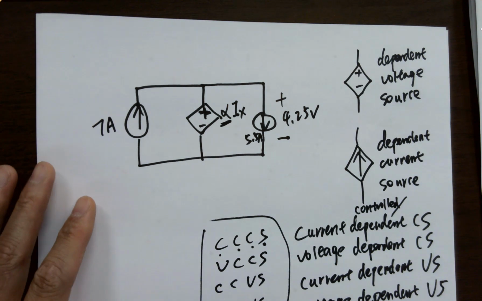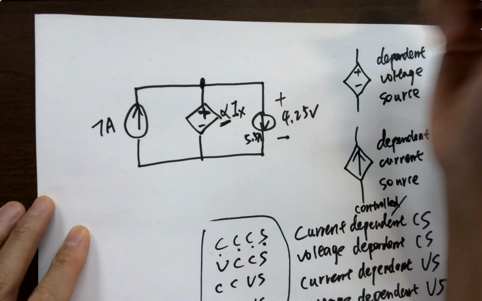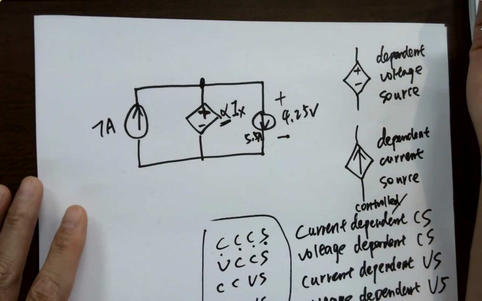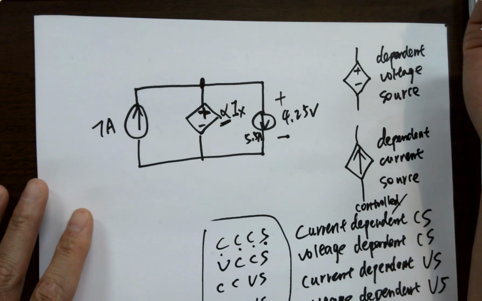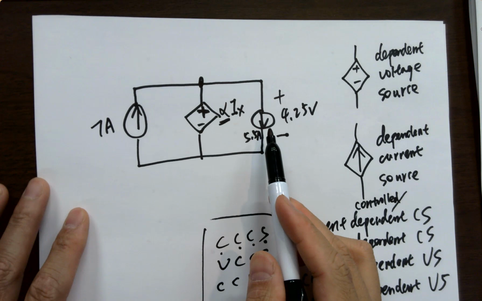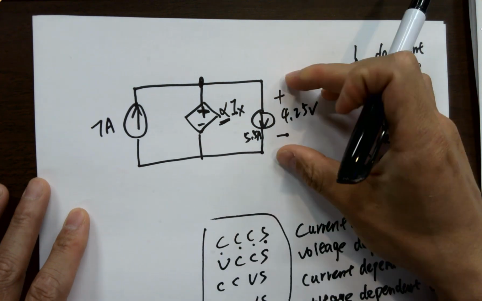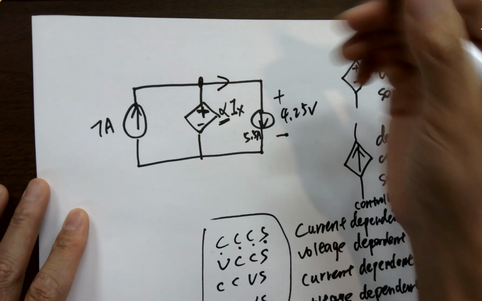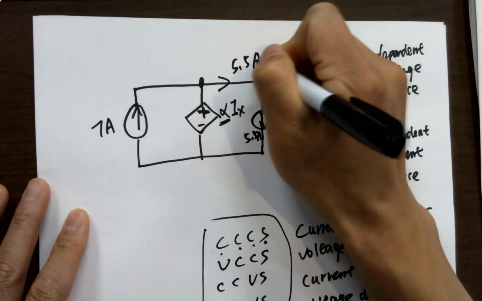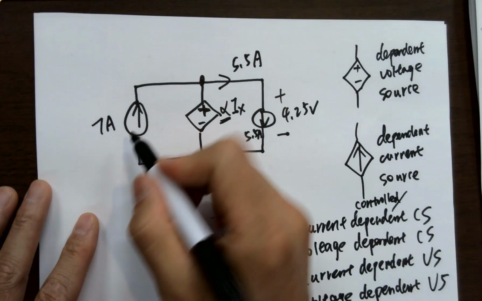How to solve for alpha? KCL, right? You know the currents at the node. You can label all the currents flowing in and flowing out of the node. So 5.5 amps. This is just an ideal current source. If it tells you it's 5.5 amps, it doesn't matter what the voltage across it is. So the branch current will be 5.5 amps for sure, right? Keep that in mind. 7 amps.